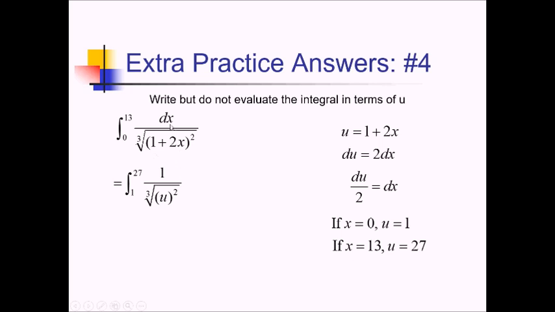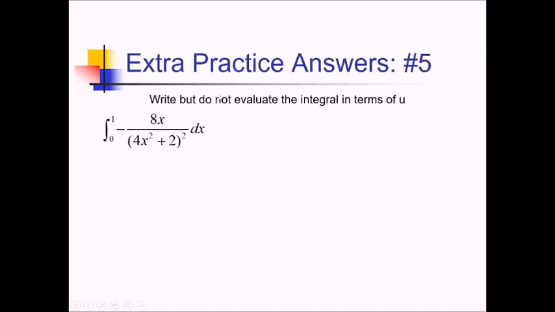And don't forget, instead of dx, we now have du over 2. So we'll put that right next to it. Simplifying this a little bit, we can write this as 1/2 times u to the negative 2/3, integrated from 1 to 27, and that'll do it.